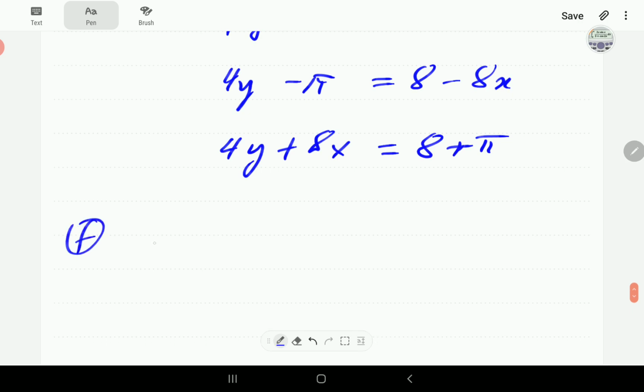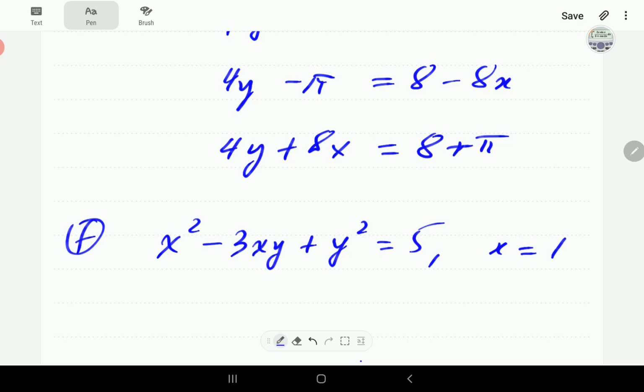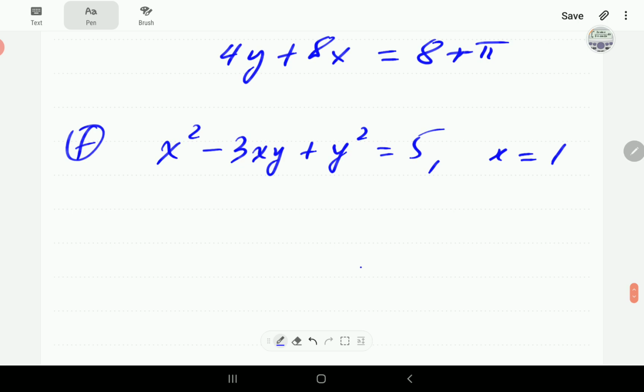Alright, in the last example, we've got x squared minus 3xy plus y squared equals 5. We want the equation of the tangent when x is equal to 1.